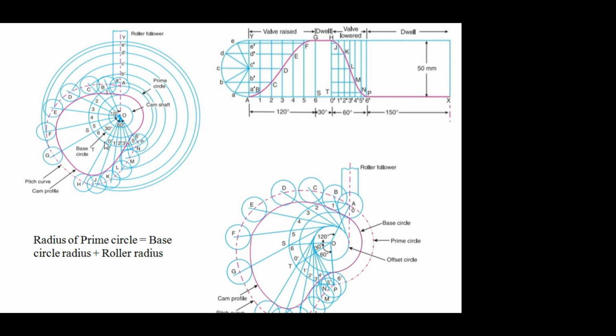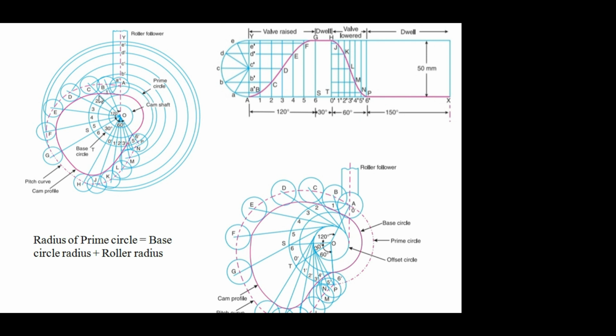In previous case we have marked the distance from the base circle as it was a knife edge follower. Here the trace point lies at point A. Point A represents the trace point and it lies on the prime circle.